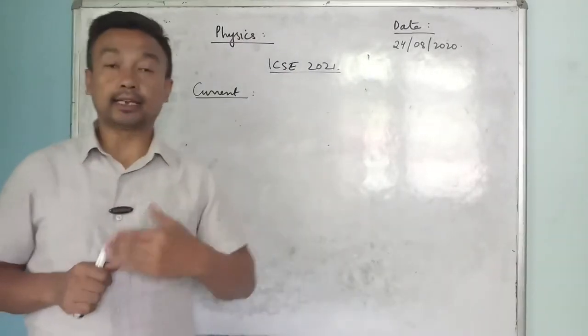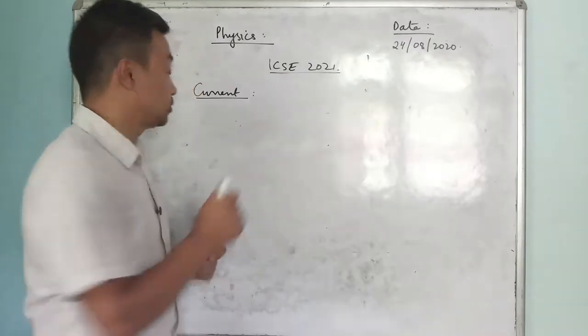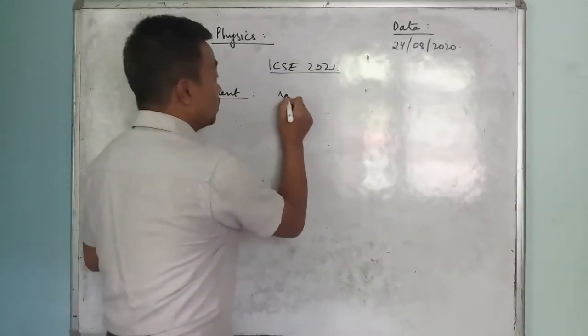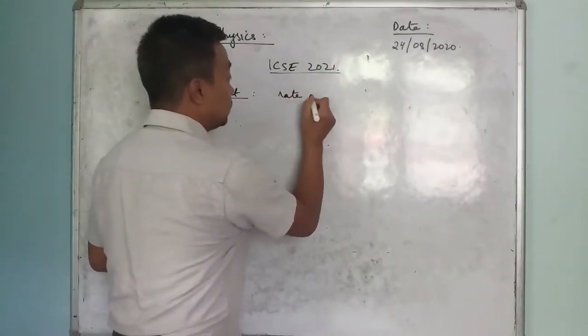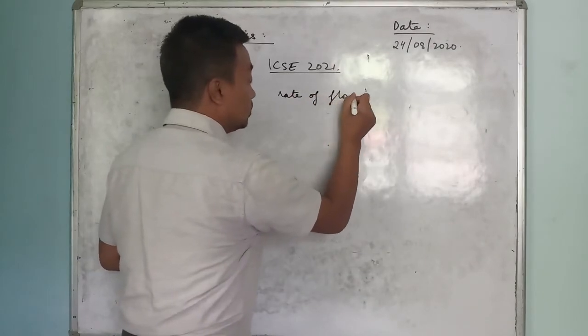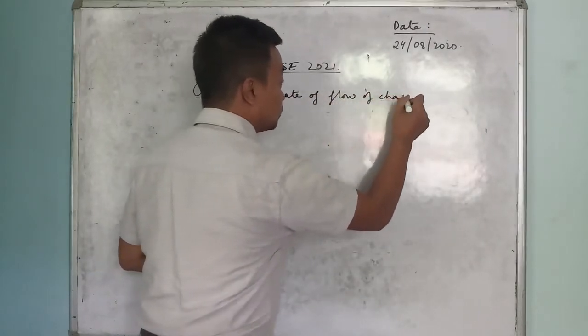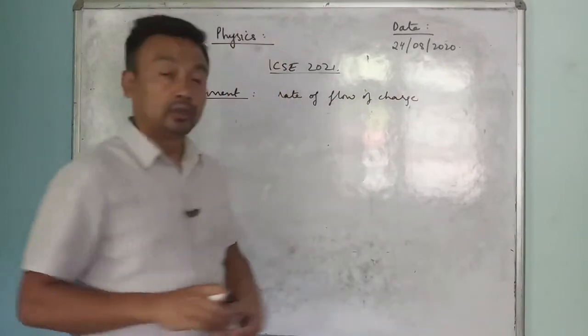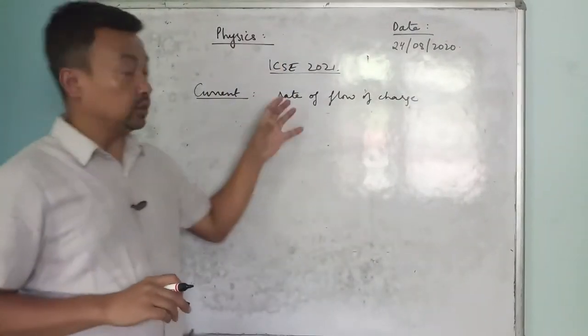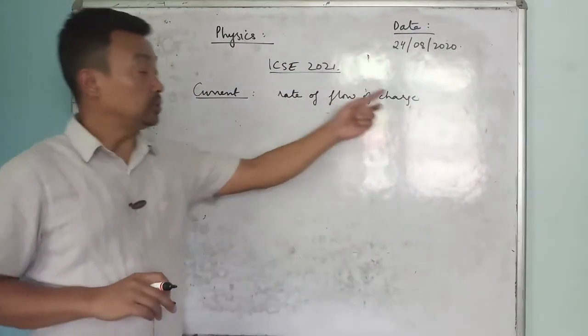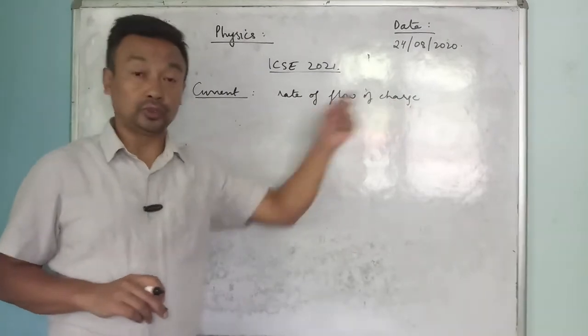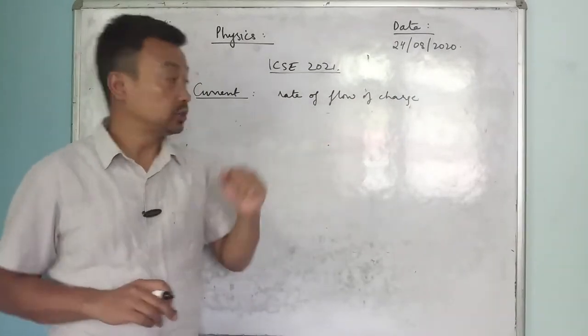Current is defined as the rate of flow of charge. That means in a conductor, how much charge flows in a given time, that constitutes the current.